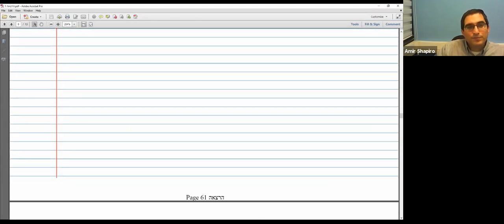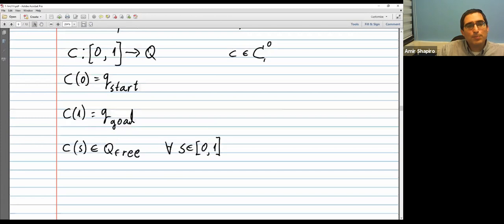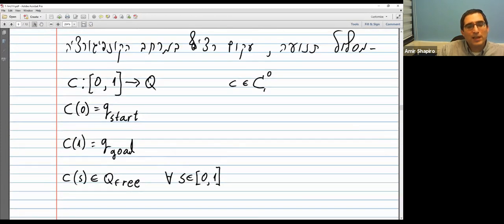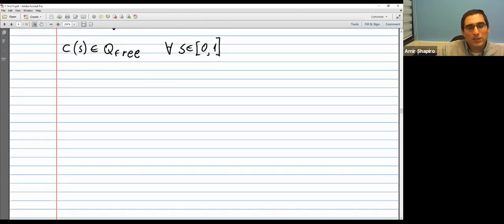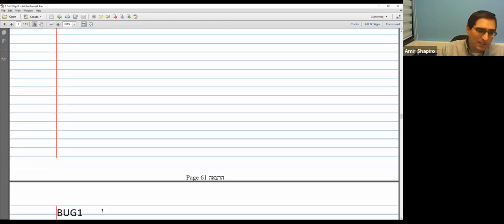Okay, so now I have a motion planning problem from one point to another in the configuration space.